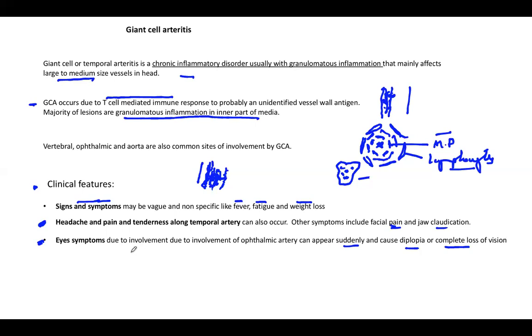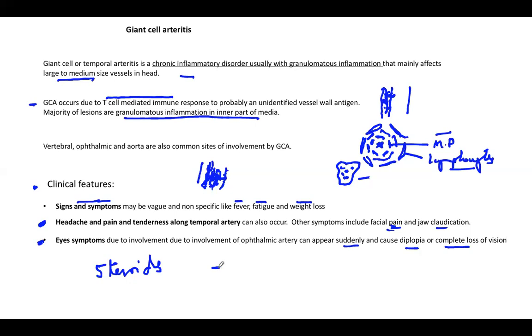Then we do not go for a lot of tests. We just start the treatment, and as it is a chronic inflammatory condition, treatment is high dose steroids. Oral steroids if there are other features like facial pain or pain and tenderness in the temporal artery, but if vision is involved, then we start methylprednisolone.